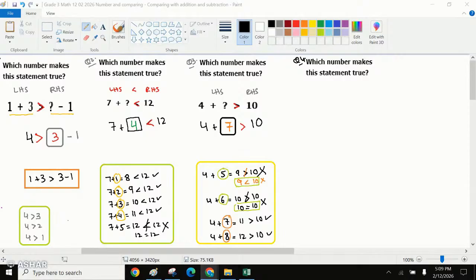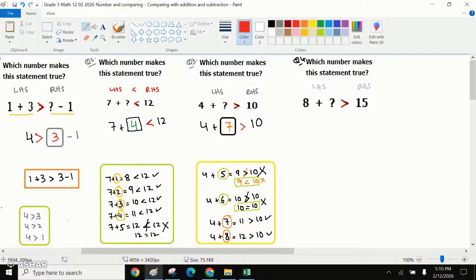You add something to 8 and it should be greater than 15. I'm writing the left hand side and the right hand side so that we remember which side has to be greater and which side has to be less than.